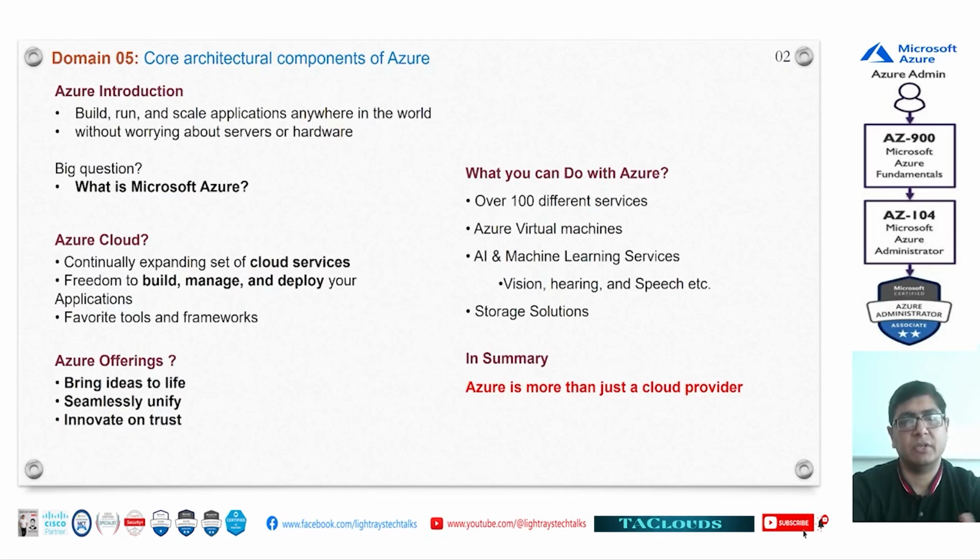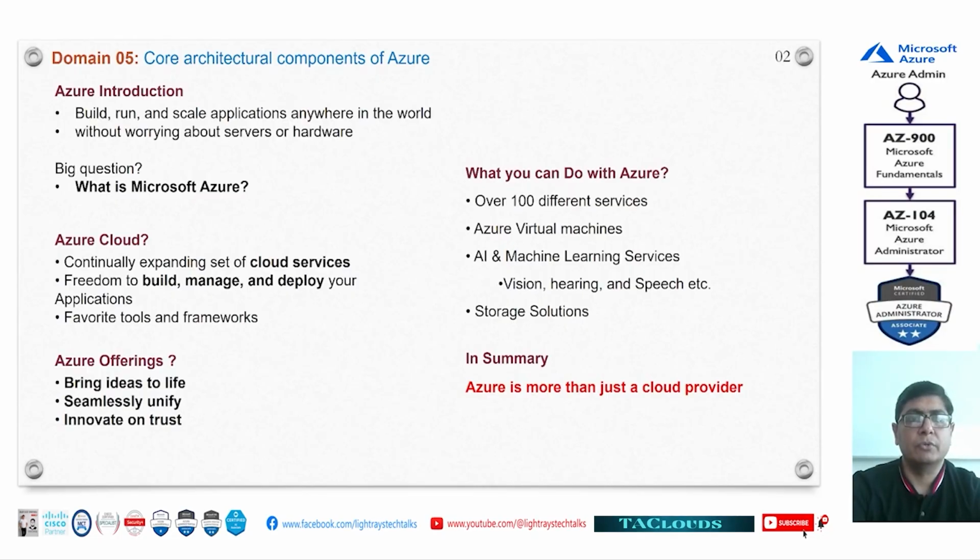Now, after getting the security, after getting the ideas into life, after getting building, management, deployment, everything from Azure, what will you be using? You will be using over 100 different services. Like if you want to save data, storage services will be there. If you want to use some server, compute service will be there.